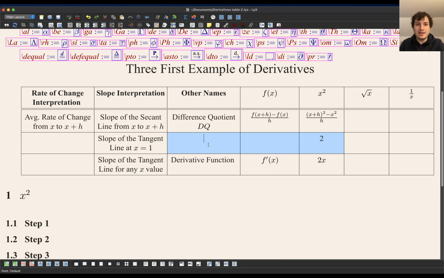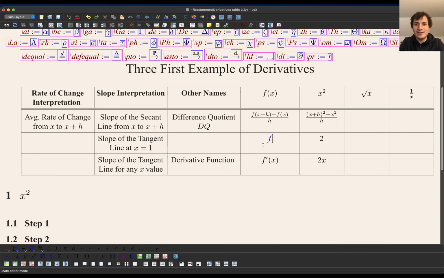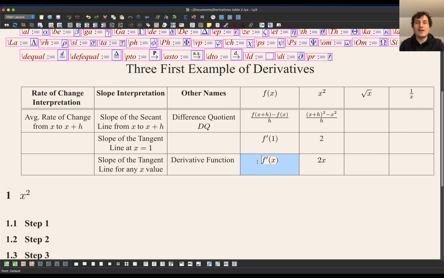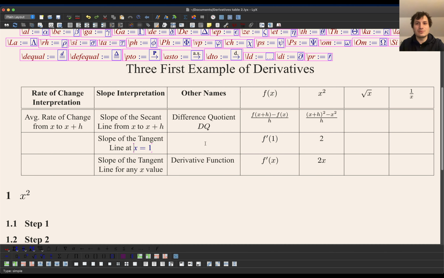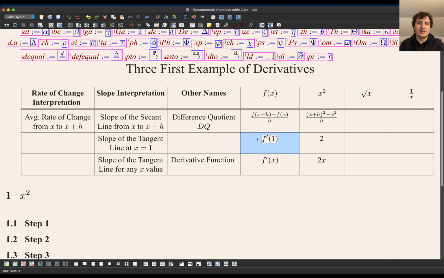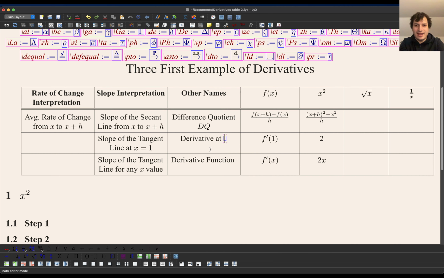And this thing that we figured out, the slope of the tangent line at x equals 1, doesn't have a specific name. You would call it the value of the derivative at 1, right? So the value of the derivative f prime of x tells you the derivative at any x. If you're doing it at x equals 1, you're plugging in 1 for the derivative function. So sometimes people say the derivative at x equals 1.